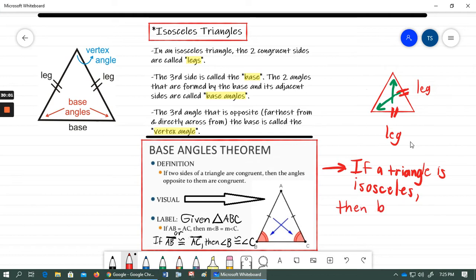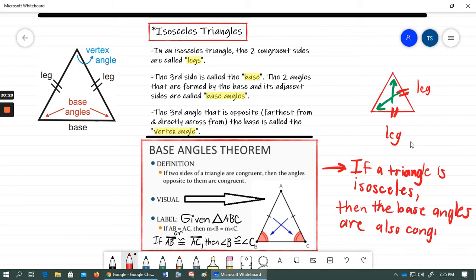So if you've got two congruent sides, two congruent legs, meaning that your triangle is isosceles, then folks, the base angles must also be congruent. Those two base angles are also congruent.